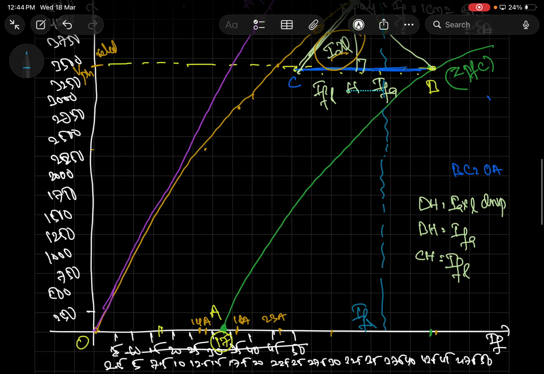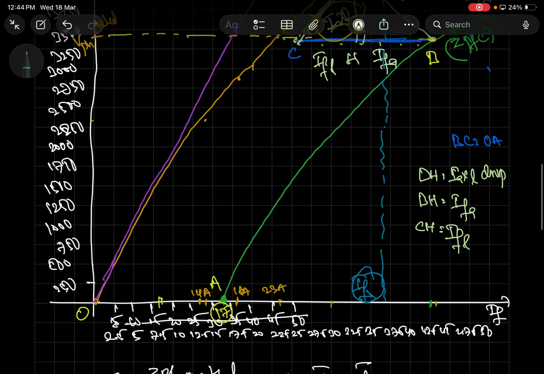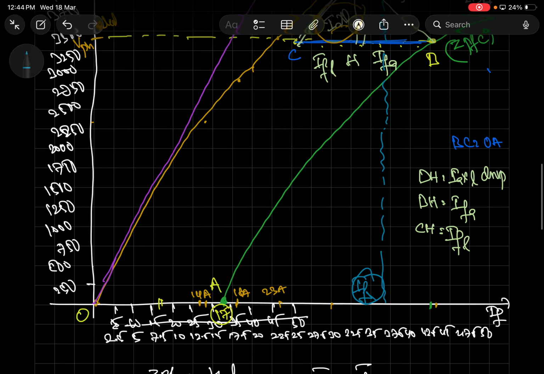This current I am calling IFR. What is the current that you got here? 35. Any other answer? 35. As I am using the tab, I will confine to the answers used in the graph here. This IFR is equal to 35.